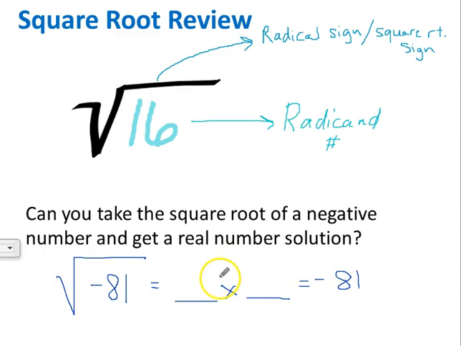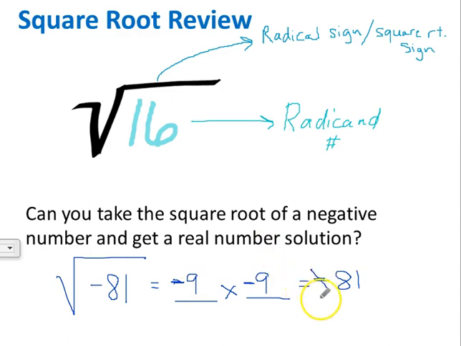So think about that. Is there a number that when we multiply the exact same number times itself, we can get that negative 81? Well, if we have to have a negative as our answer, I would first think it would be negative 9, but then remember we have to multiply it by the same exact number, and a negative times a negative would give us a positive, so we wouldn't get that negative.